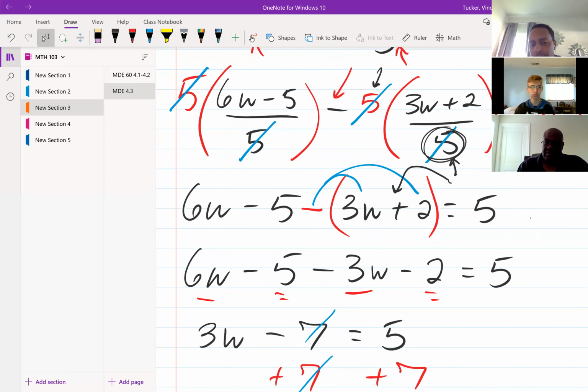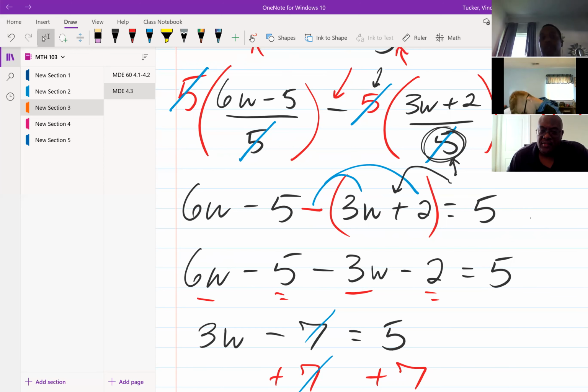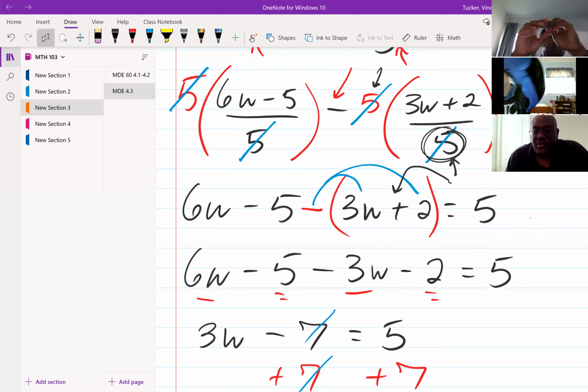So that 5 is automatically assumed to be positive. Say it one more time. The 5 is automatically assumed to be positive. Well, that's because that's what we did. We multiplied each term by a positive 5. If you just wanted to make things more complicated, you could have done minus 5. It would have come out to be the same. I'm trying to keep it simple.